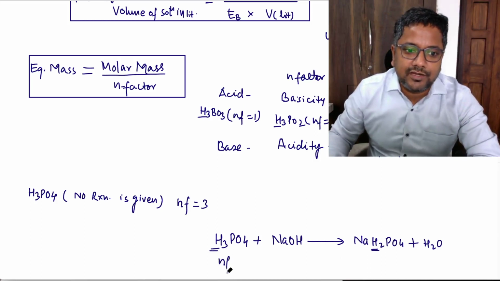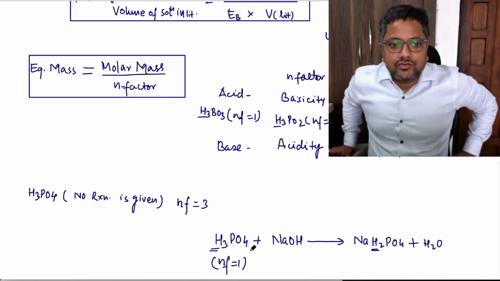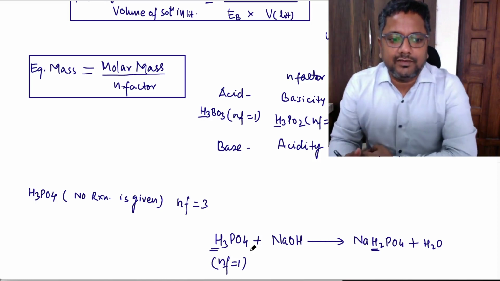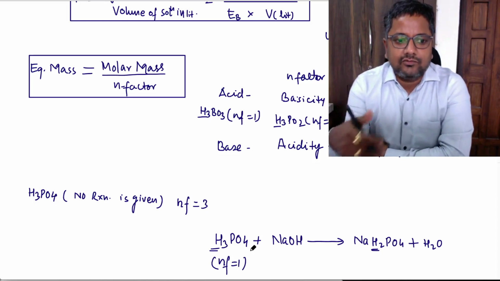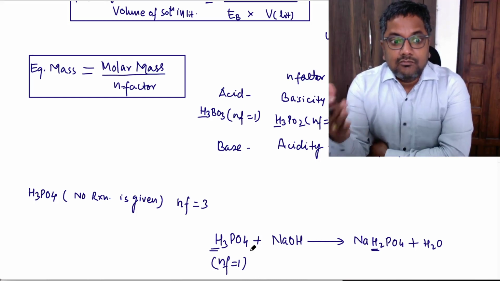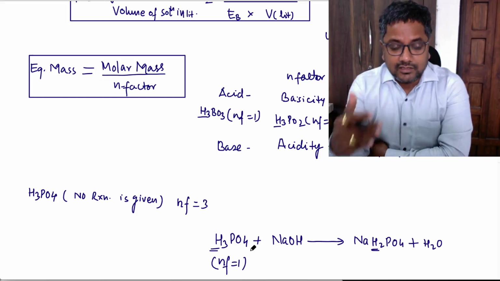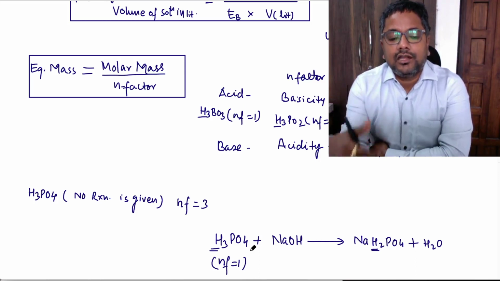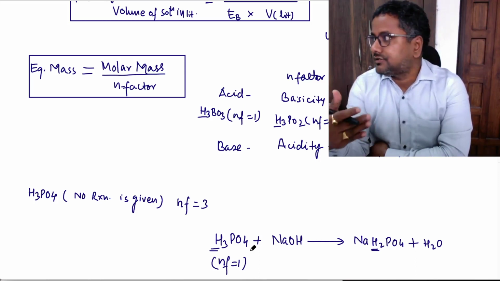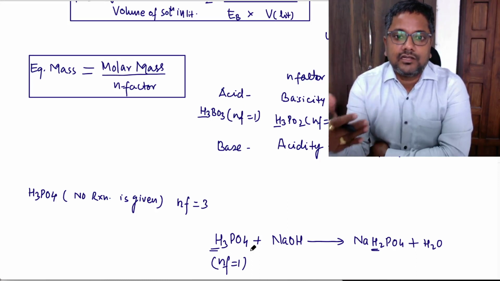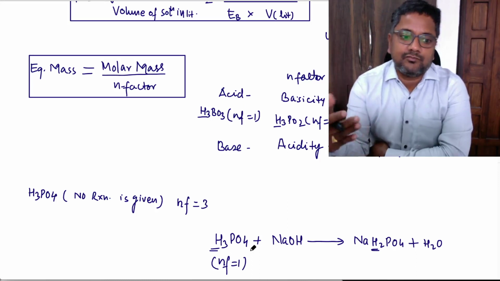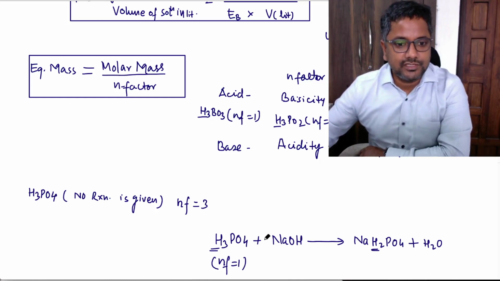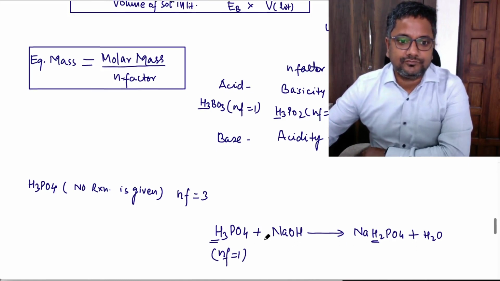So the n factor for this reaction is equal to 1. Basically, if a reaction is not given, you can take the maximum value, whatever the number of H plus present. But if a reaction is given, you have to answer according to the reaction: how many hydrogens are replaced as H plus. So this is the condition.